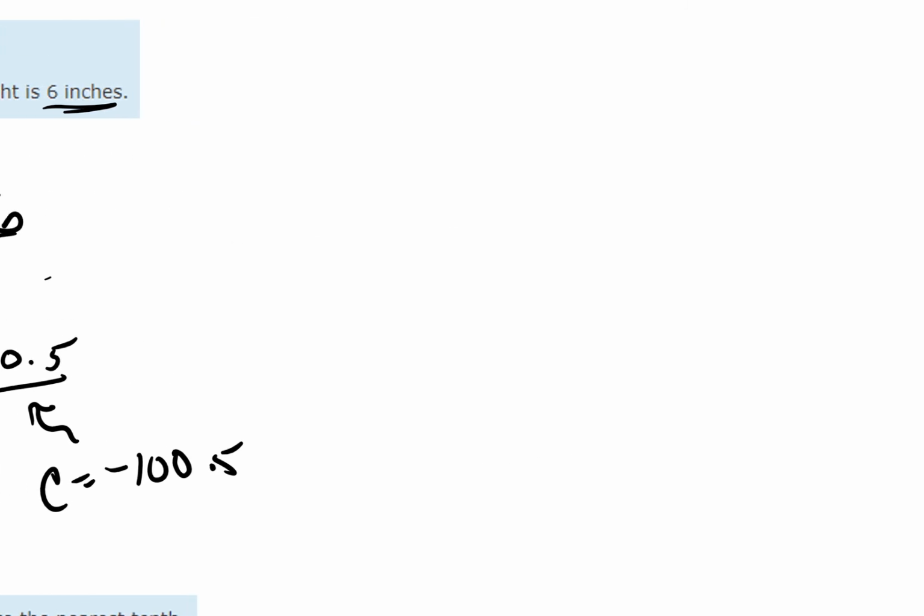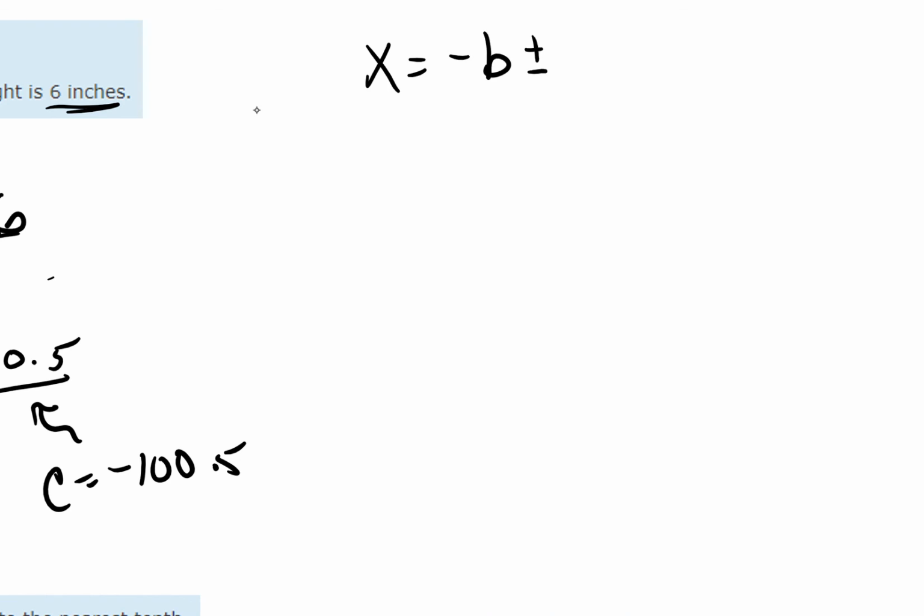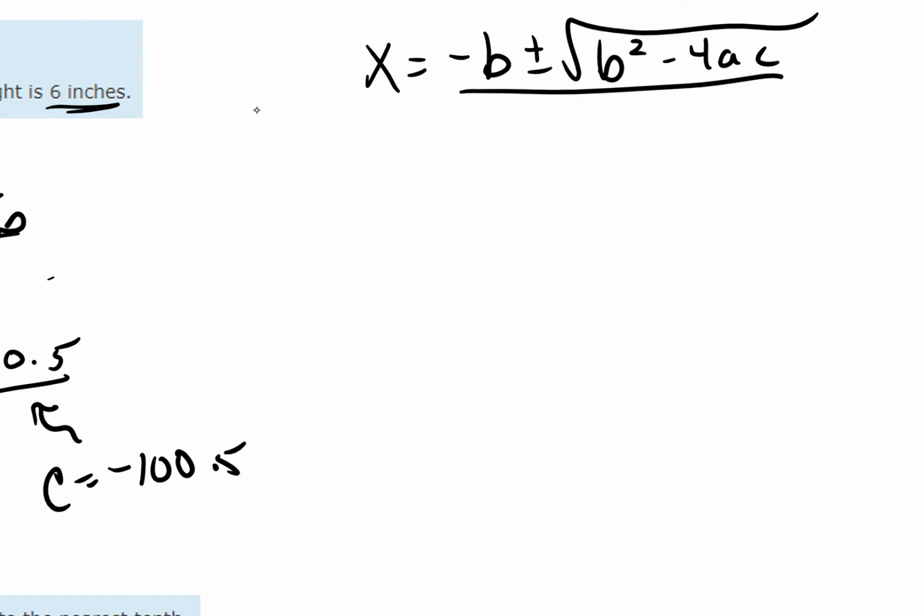Now, our quadratic formula, for those of you who have forgotten it, looks like this. X equals opposite B plus or minus the square root of b squared minus 4ac, all over 2a. So we're going to plug in our values.